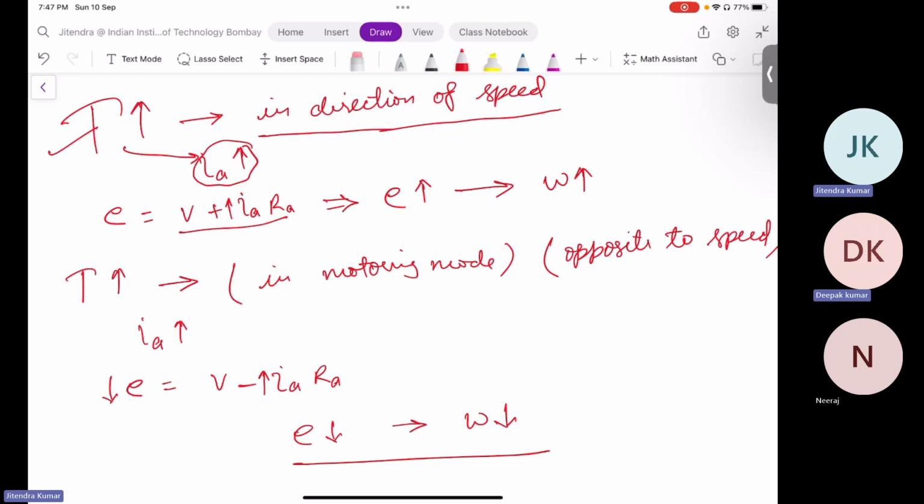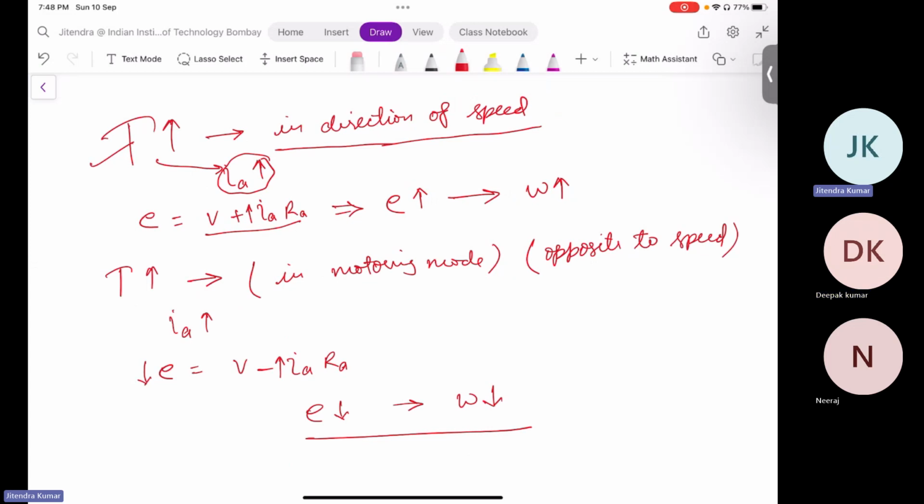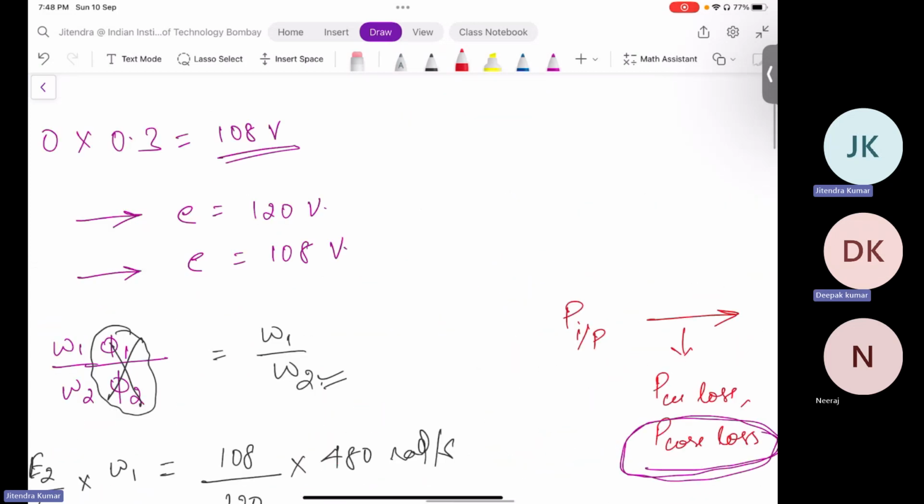Generally, torque is applied in the direction of speed in the case of generating mode. That is why it was asked in the question. Otherwise, if the question just mentioned that torque is applied in the direction of speed, you could have directly concluded that it is acting as a generator, but that is not the case. So it is common, but it is not general.